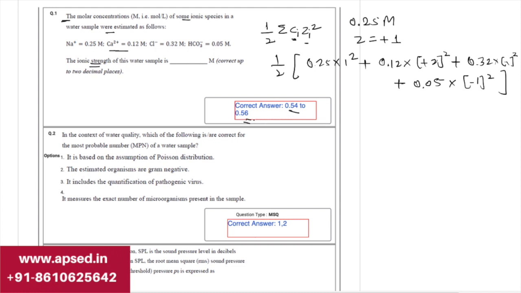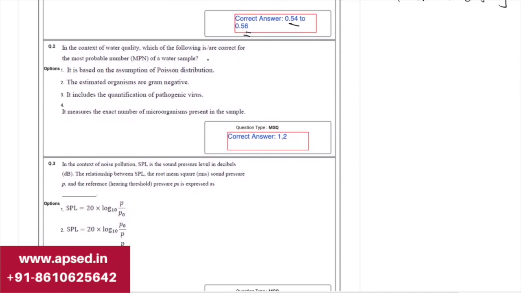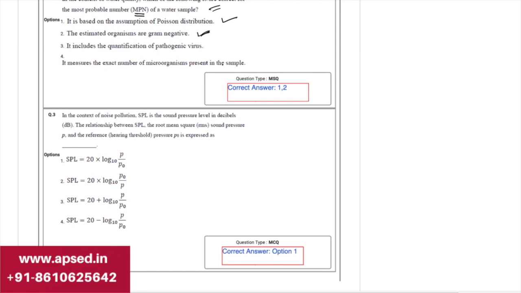to 0.56. Then the next question, it is a multiple select question, and it is asking related to the points that are correct for most probable number. So it is based on Poisson's distribution, that is correct, and we use gram negative bacteria. The estimated organisms are gram negative.